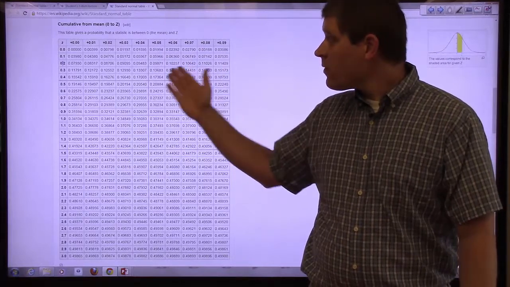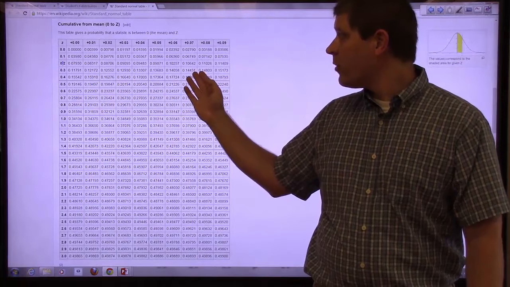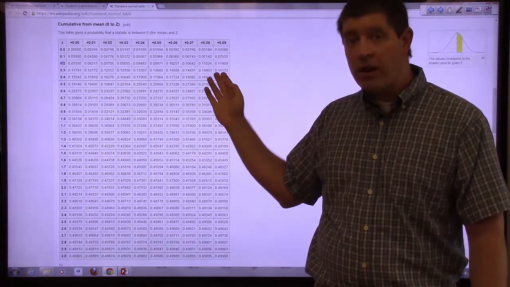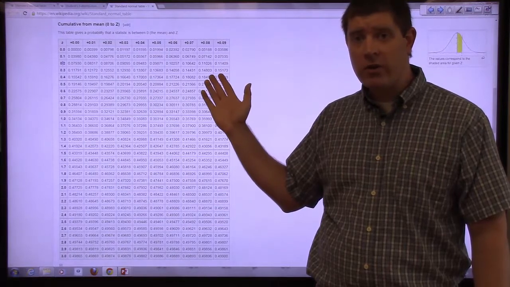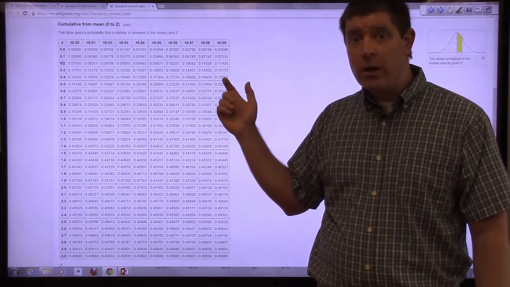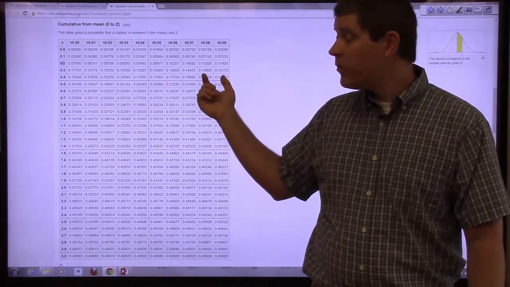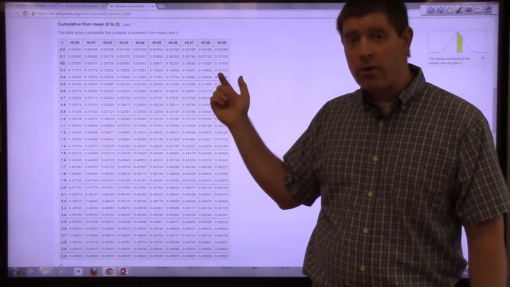So for z of 0.27, we had 0.10642. That's roughly 10.6 percent. We have a 10.6% chance of the z-score of any sample that we take being between the mean and a z of plus 0.27. That's only a quarter of our standard deviation.